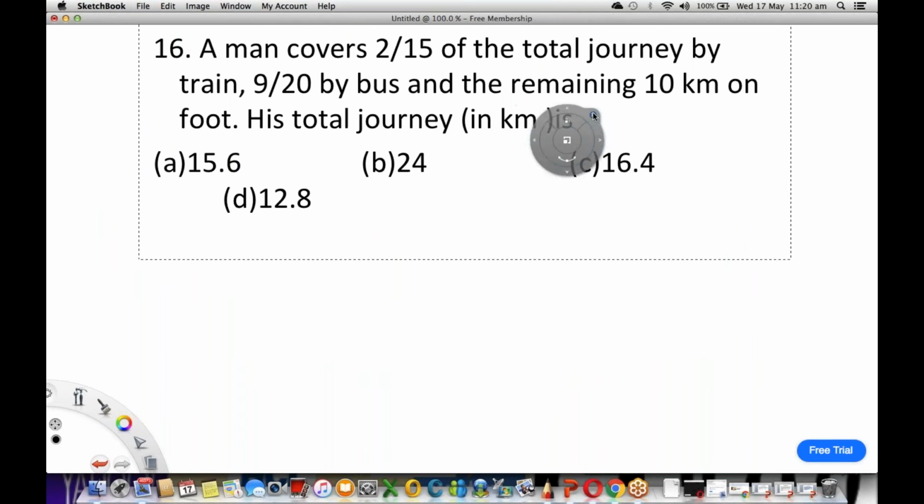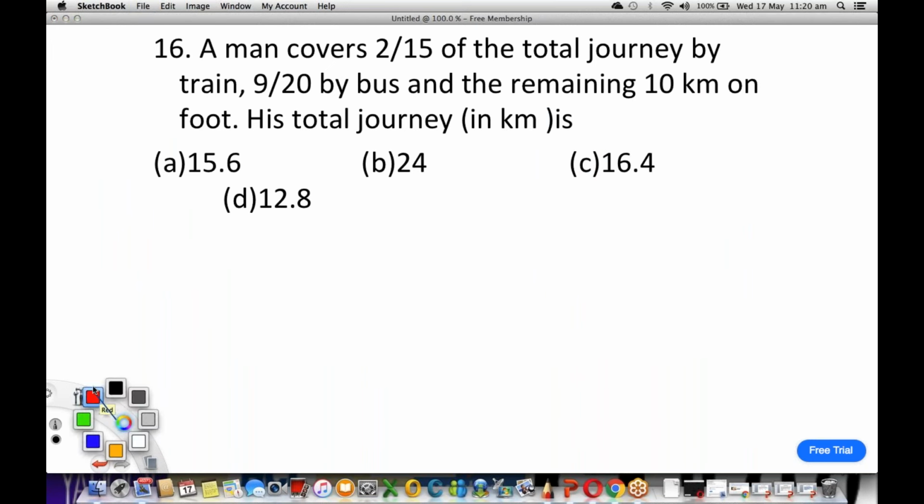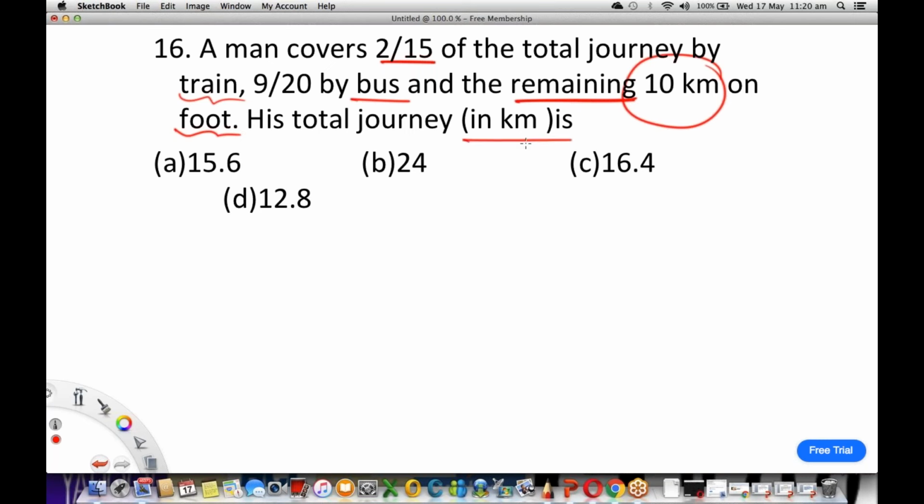So how can we proceed for this? By reading this information, I realized a man covers 2 by 15th of the total journey by train, and 9 by 20 by bus. For the leftover remaining distance he traveled 10 kilometers on foot. Then what is the total journey in kilometers is the question.